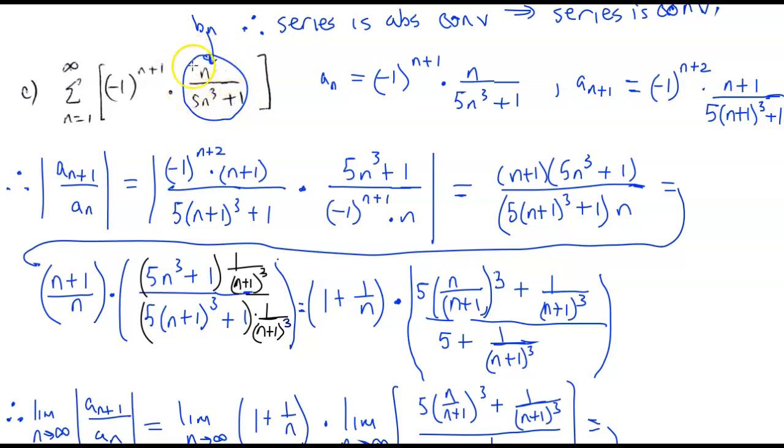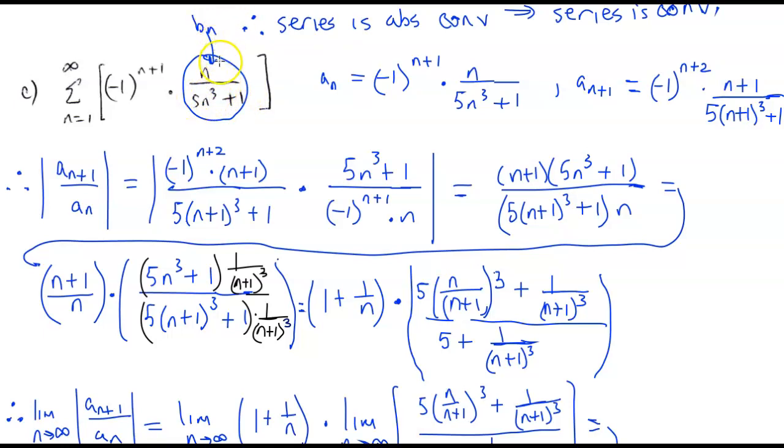Okay. And so if I keep on listing out numbers here, I would see that every single time I write something, this 5n cubed plus 1 is going to be way, way bigger than n. So there's no way that this is going to catch up with it. Okay. So in short, what we need to do is show that n divided by 5n cubed plus 1 is ultimately decreasing.